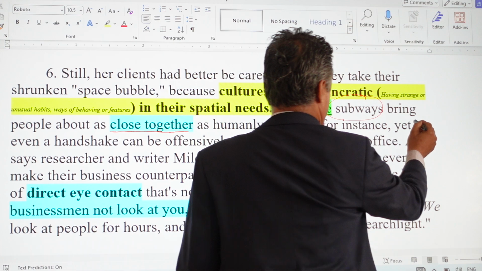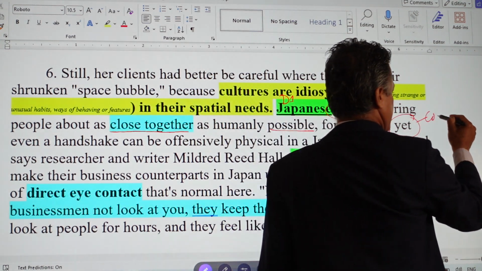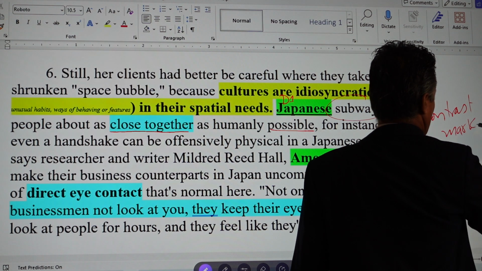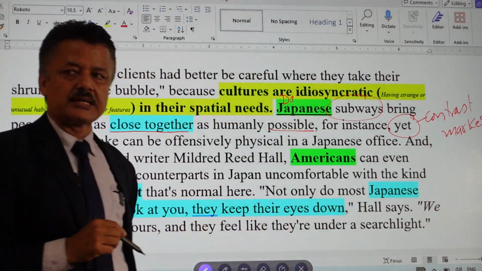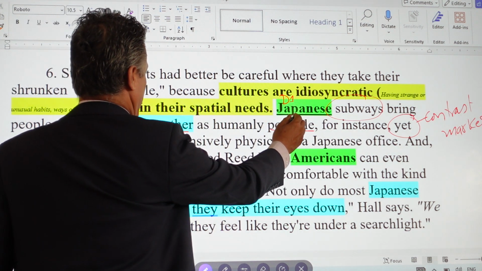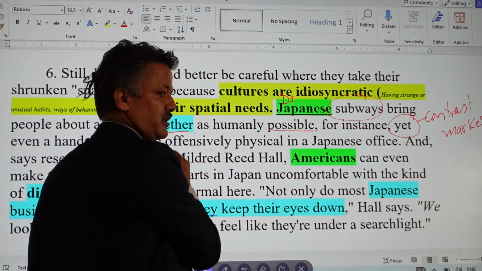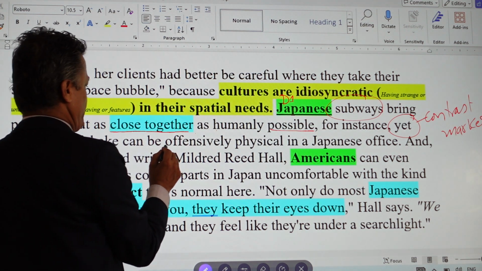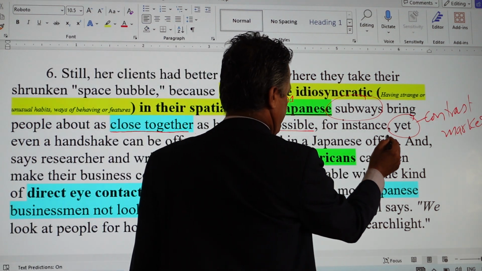Then yet, this yet is known as contrast marker. In the subway, they come as close as possible. Yet, even a handshake can be offensively physical in the office.